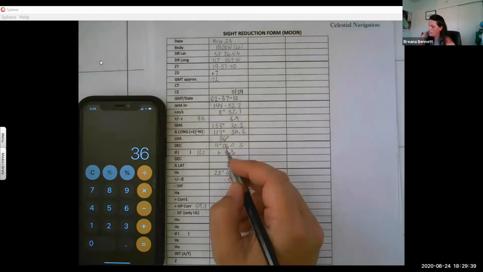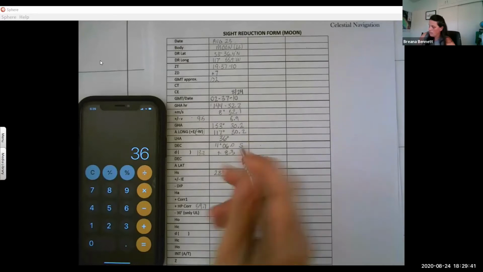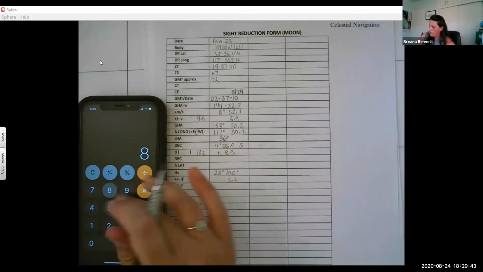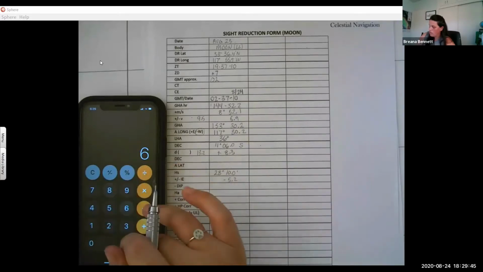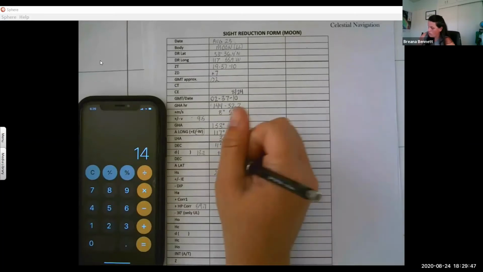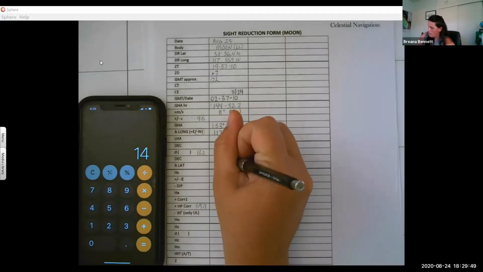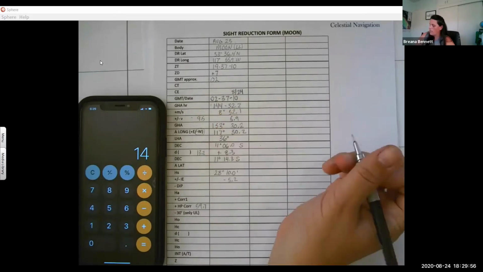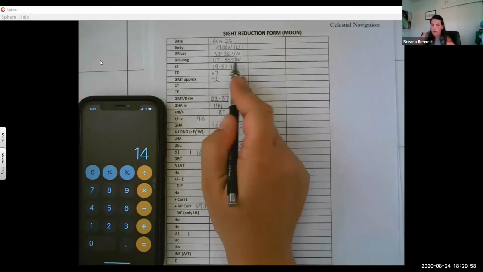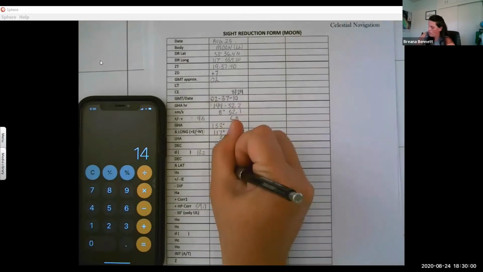Then I have declination was 6 plus 8.3, 14.3, 11 degrees south. And our latitude, we're going to round up here to 34 degrees north.